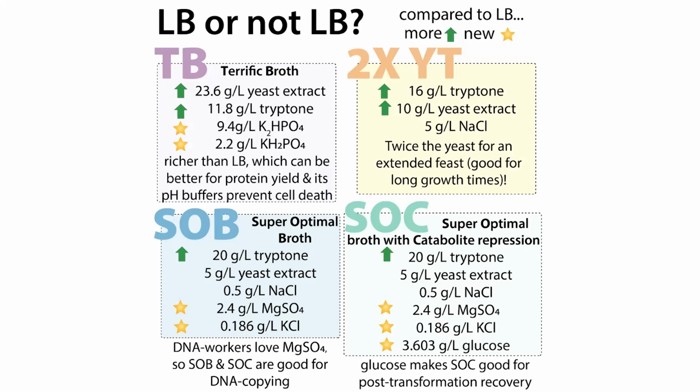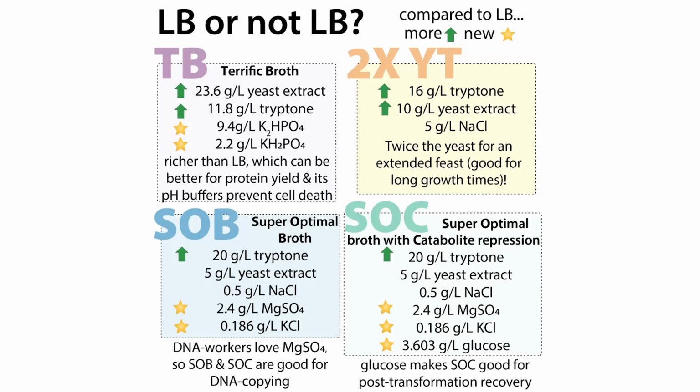So it's going to have more of the amino acids, vitamins and minerals. This can make it so that the cells can grow to higher densities and actually make more protein, so you might get better protein yield. And so often you might try expressing a protein in both TB and LB and see which works better.